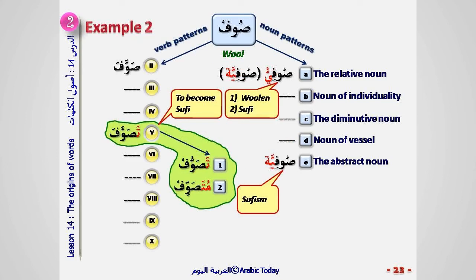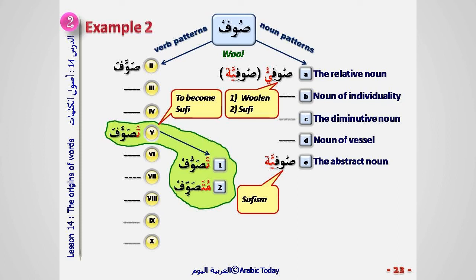The second example of noun-based derivation uses the noun suf, which literally means wool. The relative noun sufi means woolen, but also means a follower of Sufism, an Islamic mysticism. Sufis are so called because they used to wear a rough woolen dress to show their ascetic lifestyle.